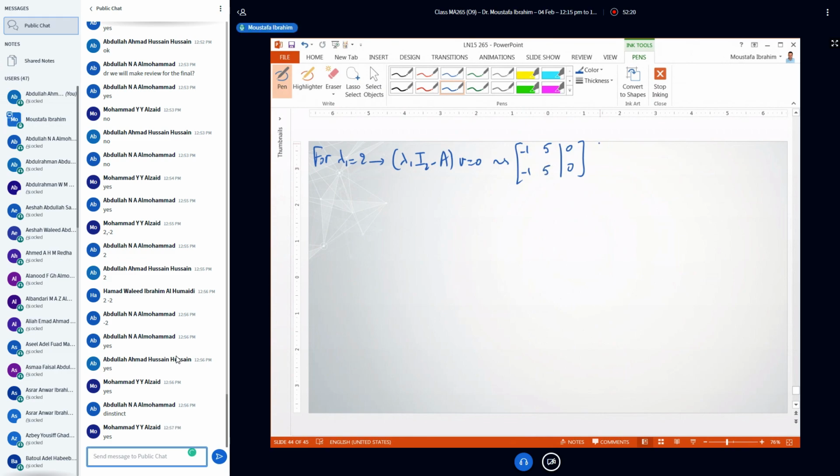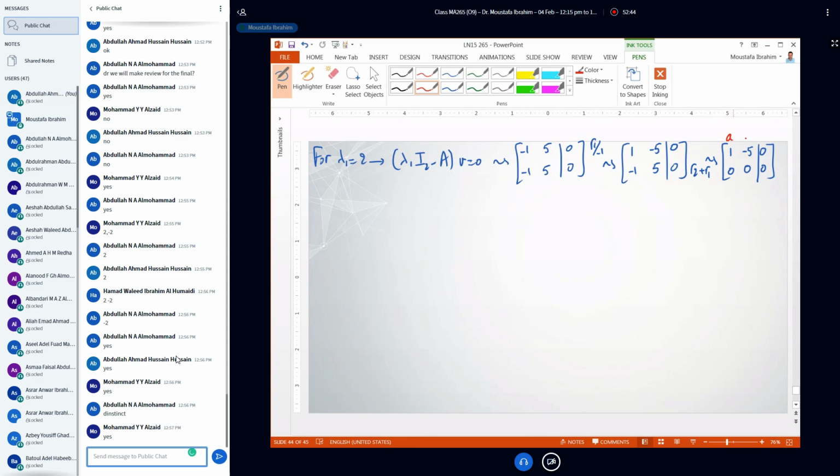Here R1 divided by minus 1, so we get 1, minus 5, 0. Negative 1, 5, 0. And R2 plus R1: 1, negative 5, 0, and 0, 0, 0.